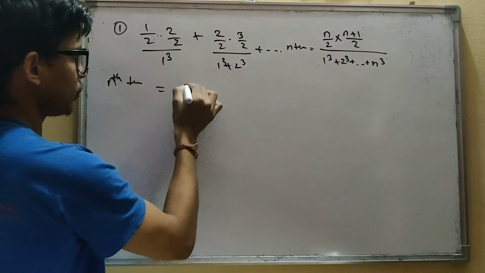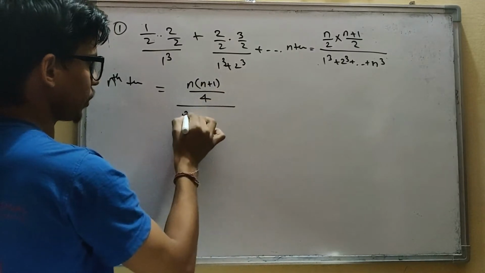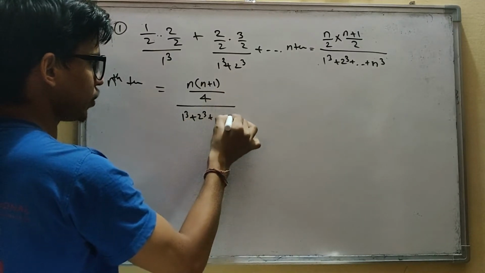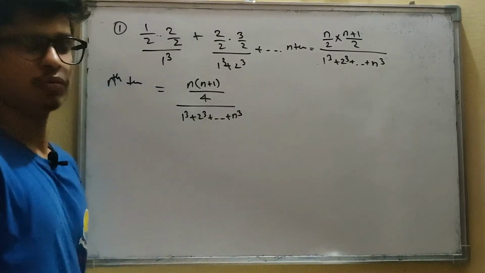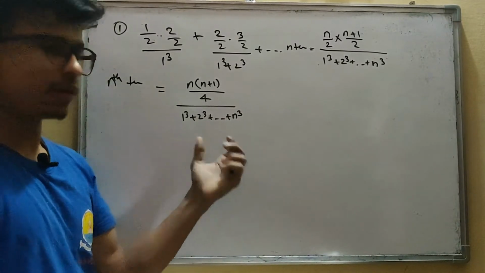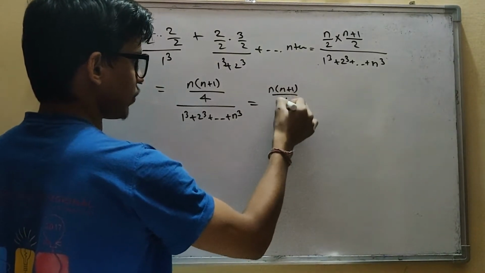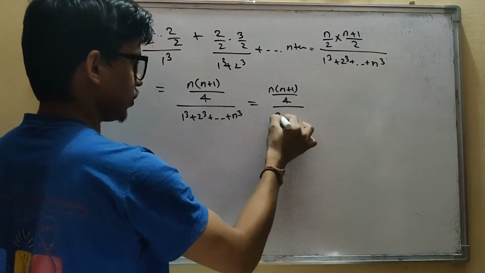So the nth term is going to be n into n plus 1 divided by 4, upon 1 cube plus 2 cube plus and so on, n cube. This is the nth term, right? So let's simplify it. N into n plus 1 divided by 4 on this, you know it, right?